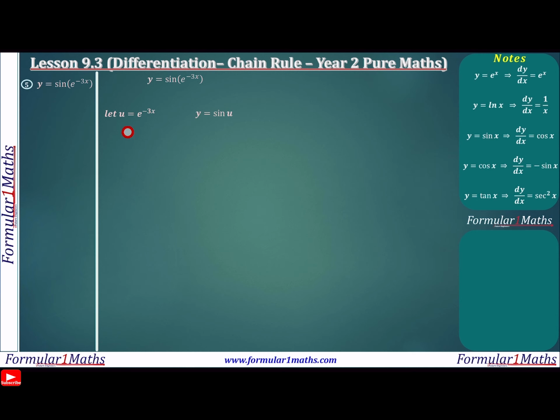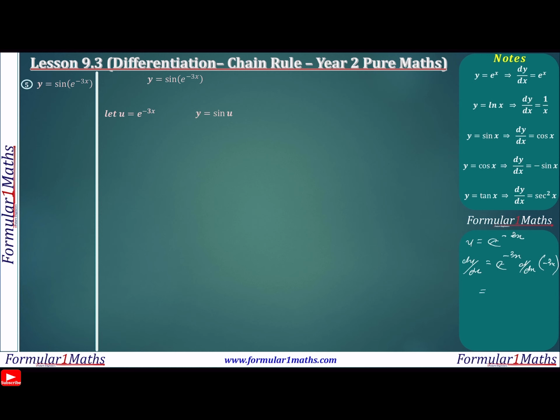So I have u is equal to e to the power minus 3x. du/dx is equal to, if I differentiate e to the power minus 3x, I'll get e to the power minus 3x, and I need to differentiate minus 3x.